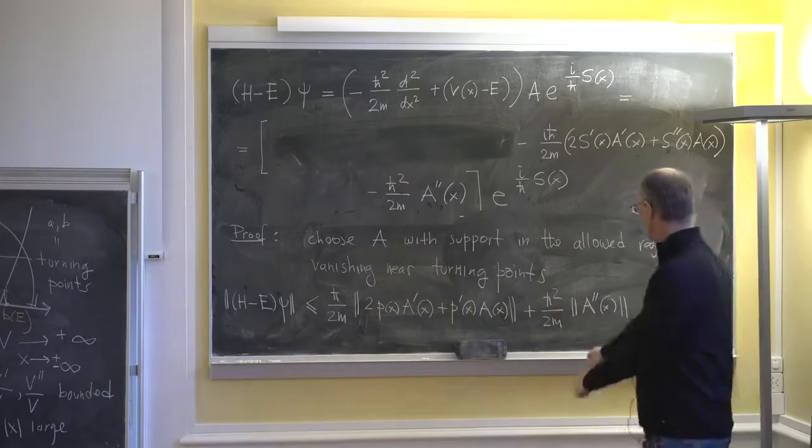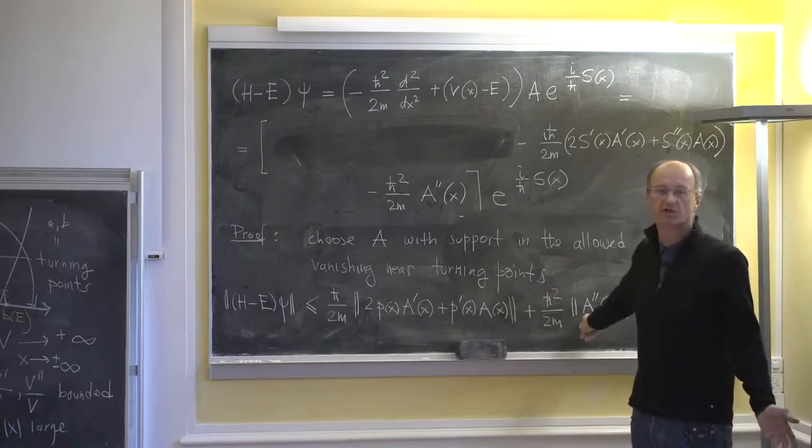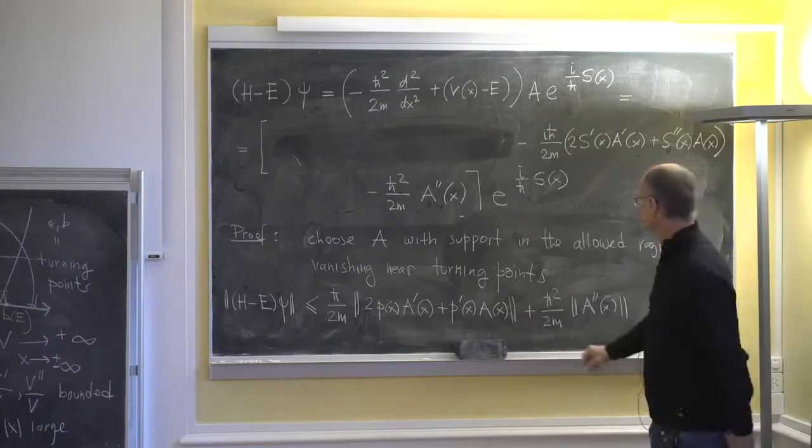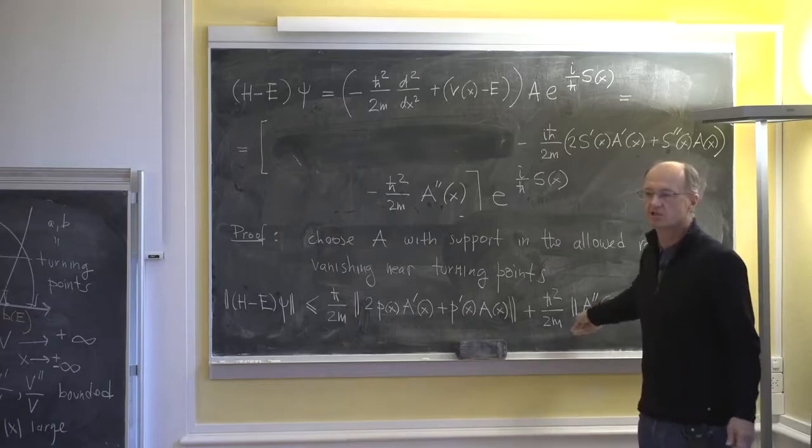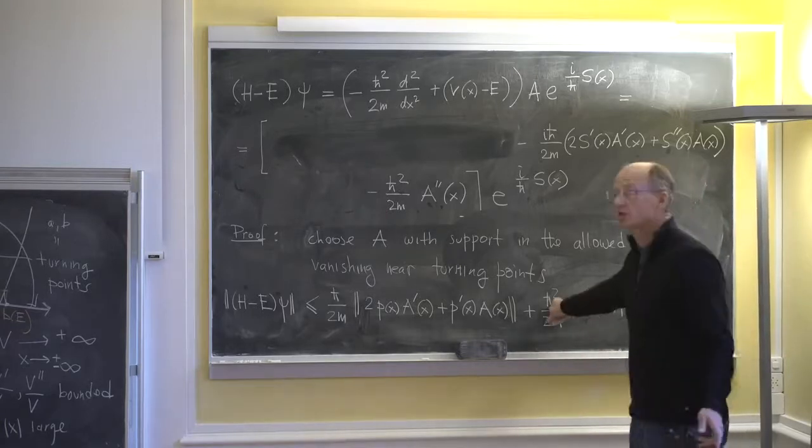All right, so this guy is just some constant, right? I chose it to be C infinity, so that's just some constant times h bar squared.